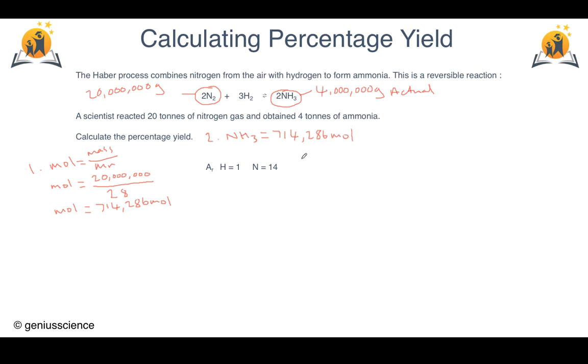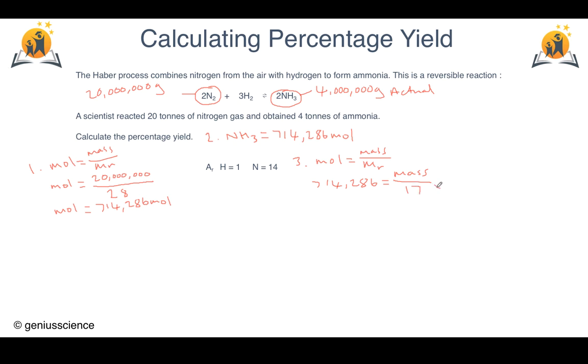Now we need to work out the theoretical yield, so the maximum mass, which is the mass of 714,286 moles. So using our equation again, moles equals mass over relative formula mass. We have 714,286 moles, which is equal to the mass, which we're trying to find out, over the relative formula mass of ammonia, which is 17.